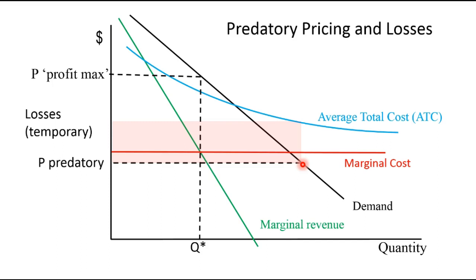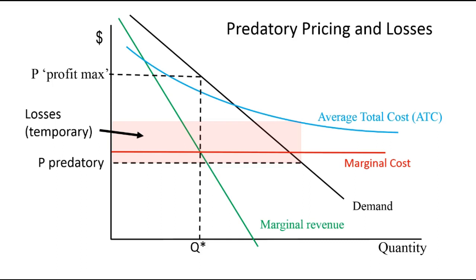So at that price, the firm is going to be losing money. This difference between average costs and the price tells us how much the firm is losing on each unit that it sells. And so, of course, the area that's marked in red is going to show the firm's losses.